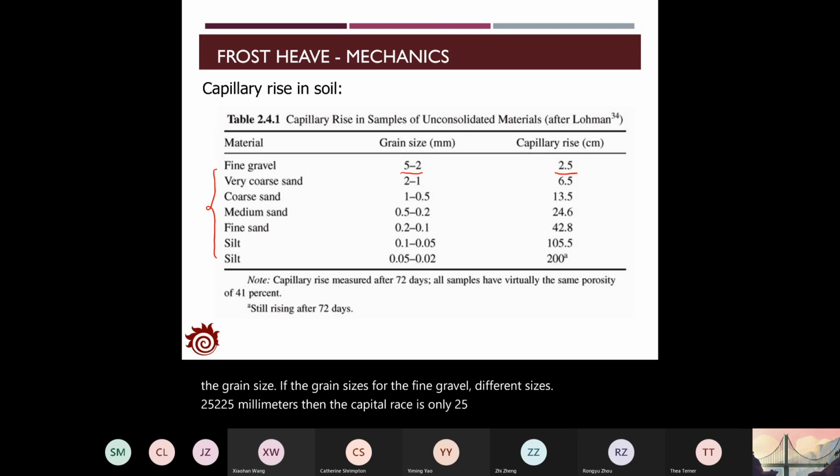But for finer particles, like silt with a grain size of 0.02 to 0.05, the capillary rising height could be more than 2 meters. And this is a very significant capillary rising effect. And obviously, with this kind of value for silt, it will be very easy for us to observe the frost heave during the winter time.